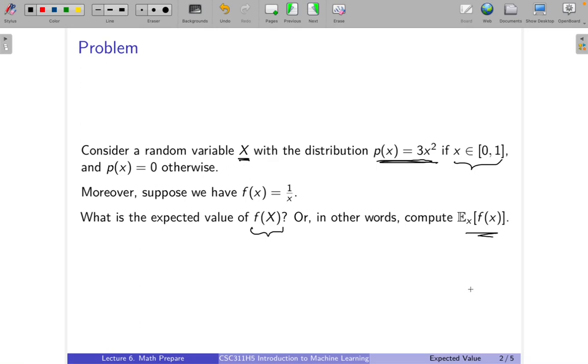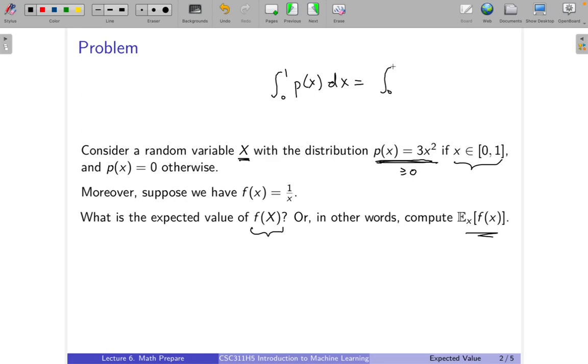compute this quantity. First of all, we can verify that this probability distribution is indeed a probability distribution. It should be fairly straightforward to see that this quantity is always greater than or equal to 0, so it suffices to compute this integral. And we hope that this integral will evaluate to 1.